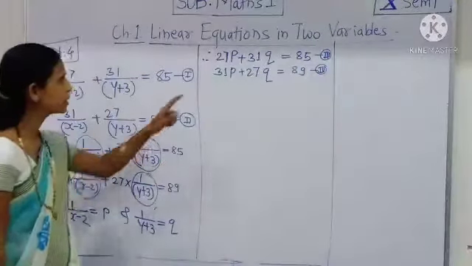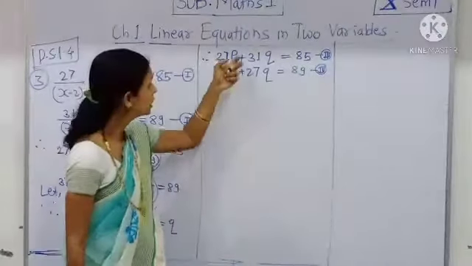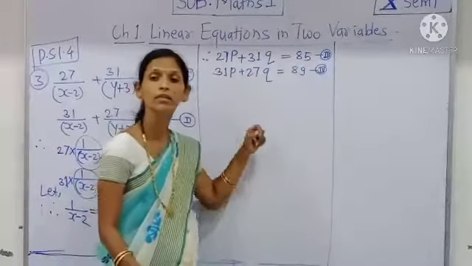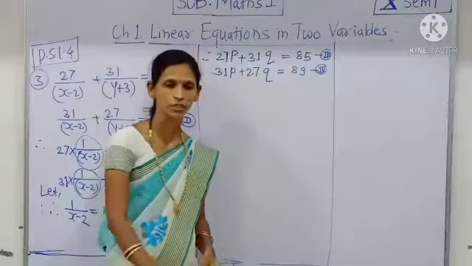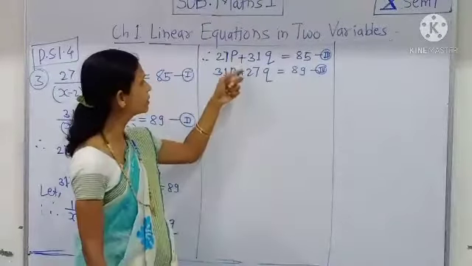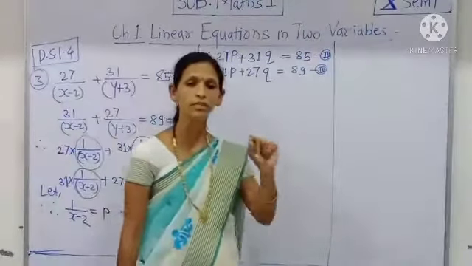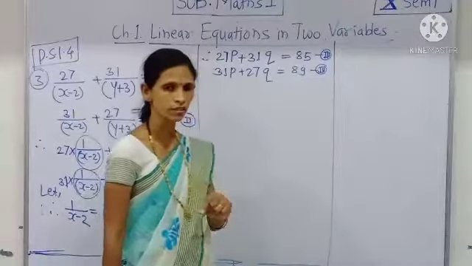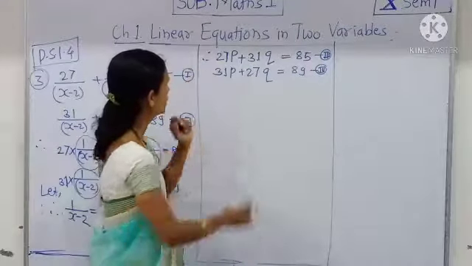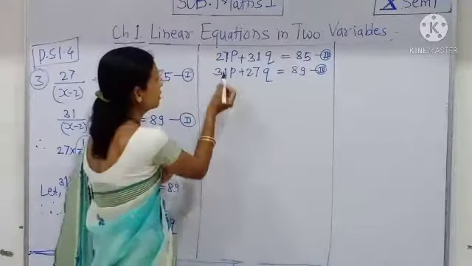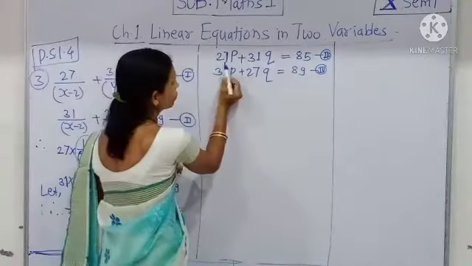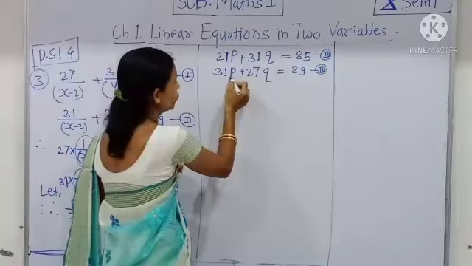Then see here, there are two linear equations in two variables, that is, a pair of linear equations in two variables, that is simultaneous equations are obtained here, in which the coefficients of p and q are exchanged.